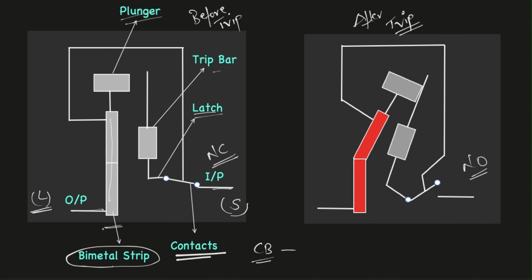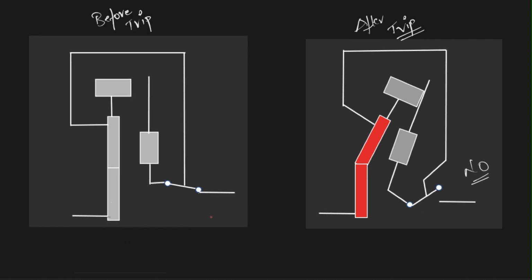So this bimetallic strip helps us to open this source from the load side when any fault occurs. Now let us see how this condition is achieved with the help of a bimetallic strip. Let me quickly clear the screen so that you can follow my cursor for the current path. I have cleared the screen.